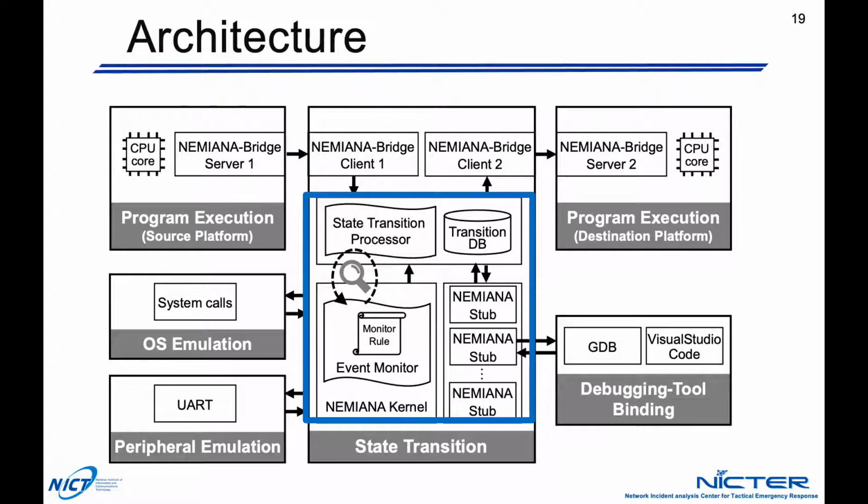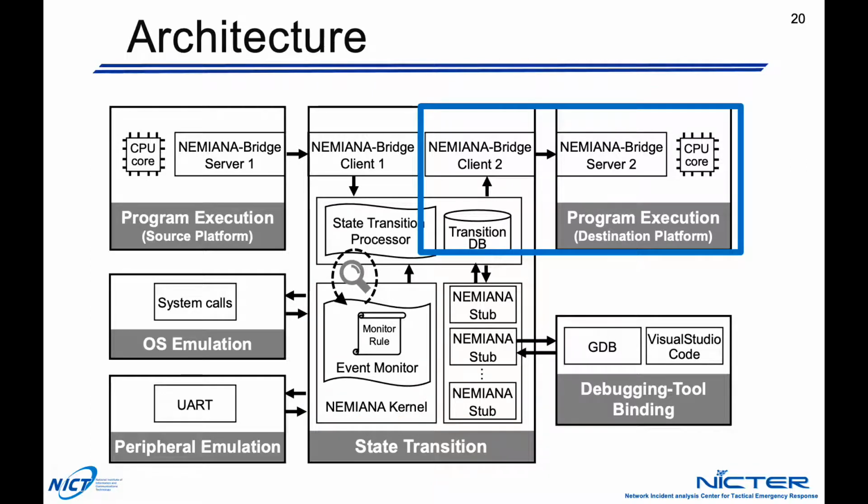The state transition processor stores the execution state transition in the transition DB and restores the current CPU execution state in real time. The kernel monitors the current execution state, processes system calls, and emulates peripheral devices as necessary.